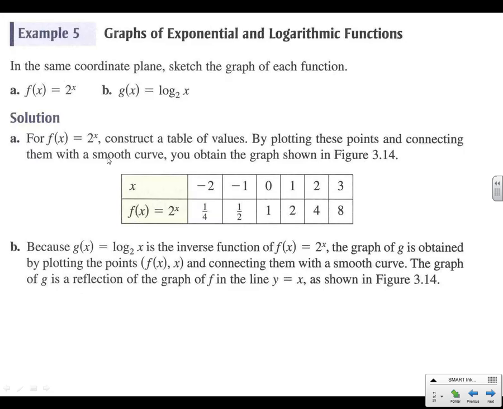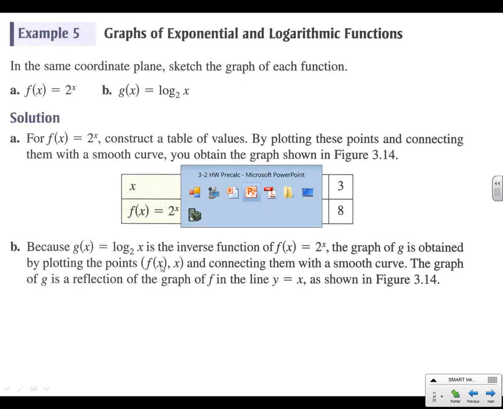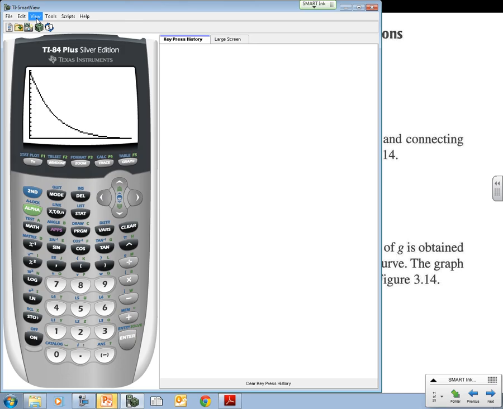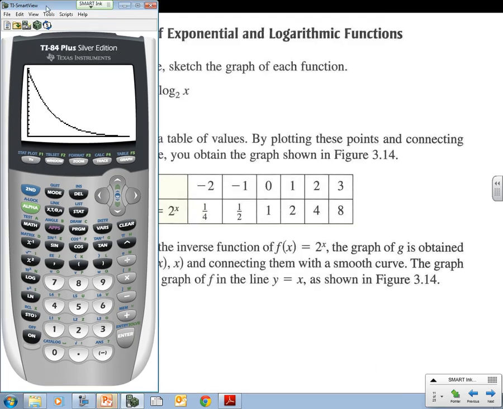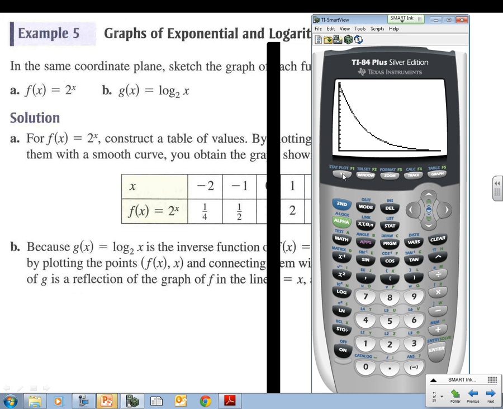All right, so now we're going to move into some graphs here, and the graphs here should look fairly similar. They're the same as the exponent graphs, but they're reciprocal here. All right, so if we were to graph these, let me go ahead and grab the graphing calculator. We're going to put these up here. So in my y equals, we've got 2 to the x, and then on the next line, we've got log base 2 of x, and I'm going to have to introduce something.